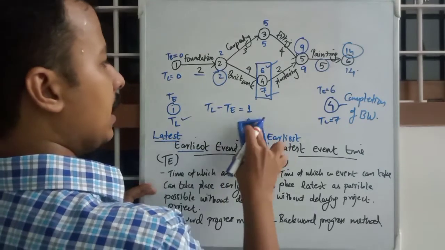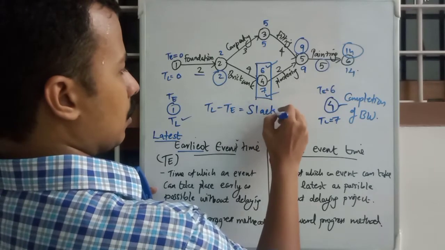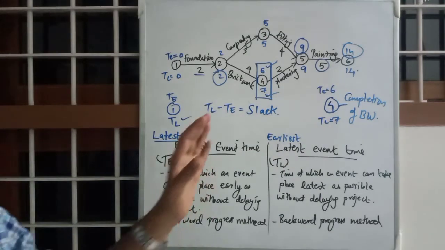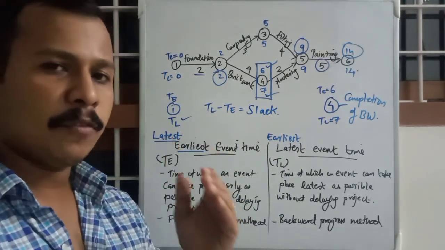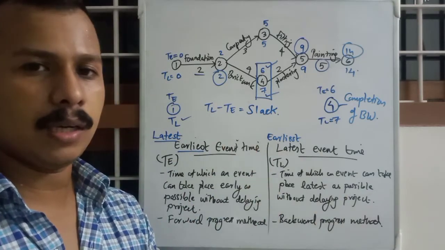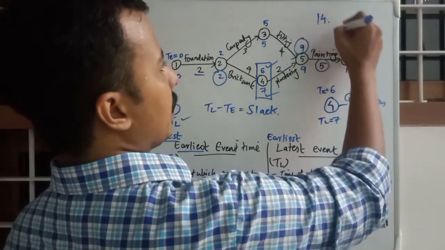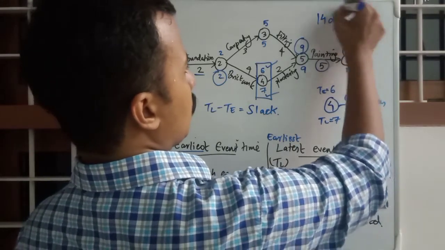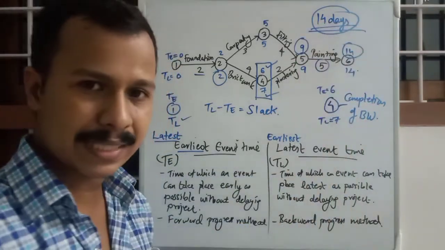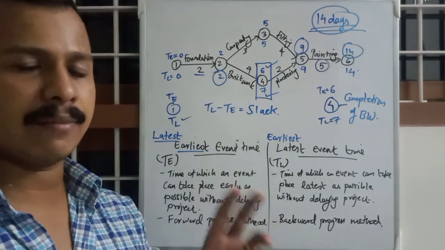So TL minus TE is known as slack. Slack means the amount of time that we have for a particular activity or event to occur so that the total project time of 14, if it is days, 14 days, is not disturbed.